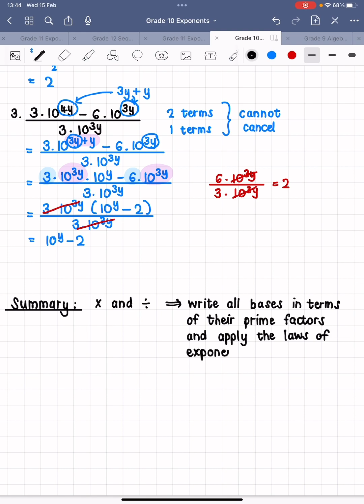All right, you can look at yesterday's examples again if you are confused by what I've just written down. So that is when you are multiplying and dividing.